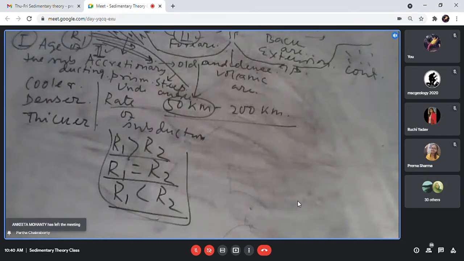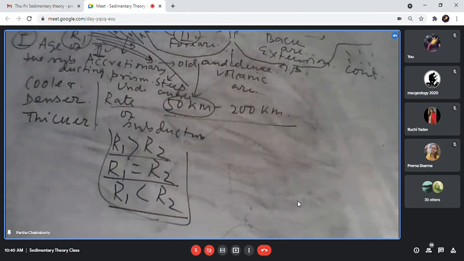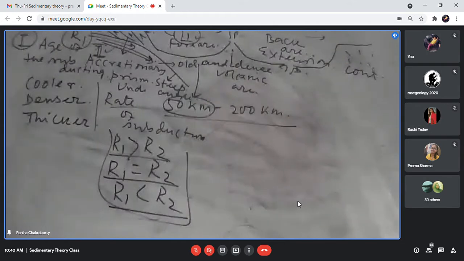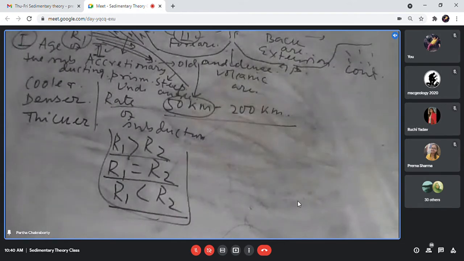And if so, the arc trench gap will be narrow, the volcanic arc will be close to the outer arc, and there will be extension at the back of the volcanic arc so that the back arc basin will open.